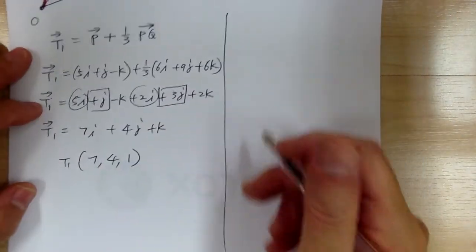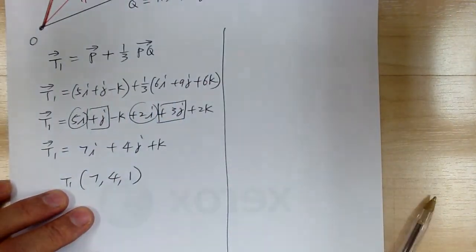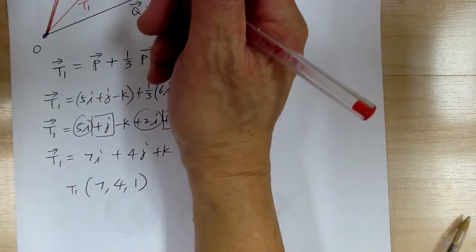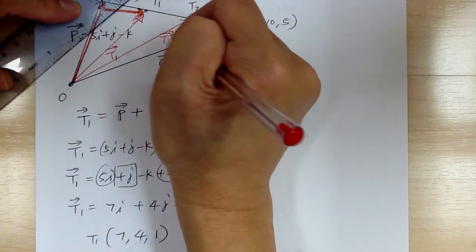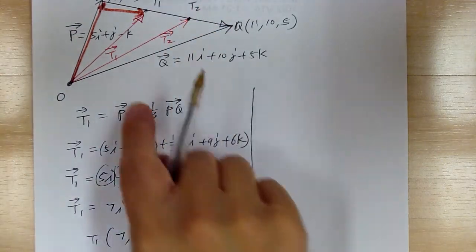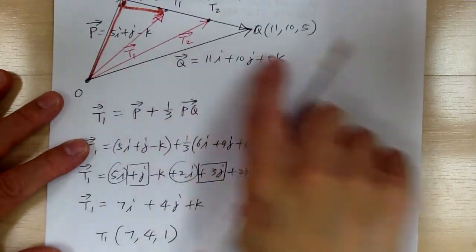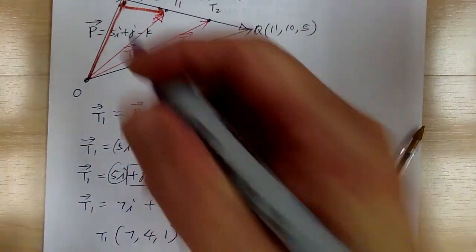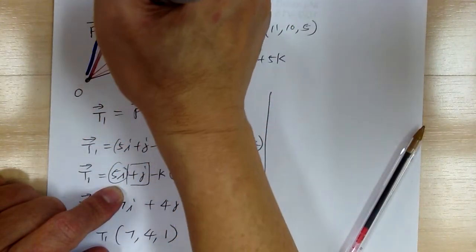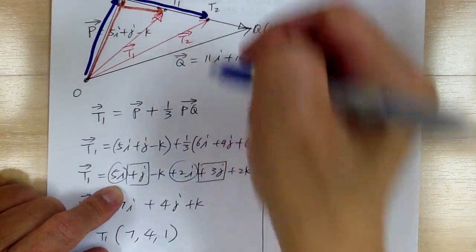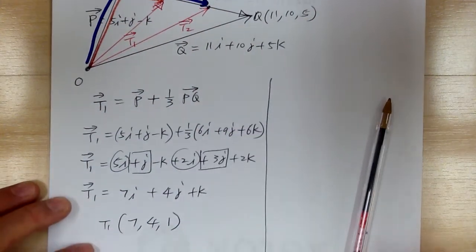Now you do the same thing with T2 to get this point. Okay. So T2 vector would be, again, if you go in a straight path, then it would be direct flight, right? But since you cannot, you have to go this way, so you have to go to P and go 2/3 of the way.